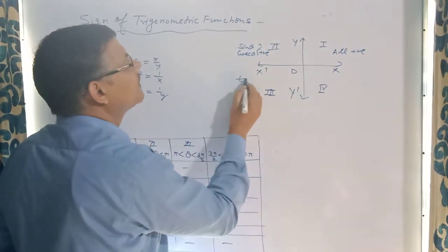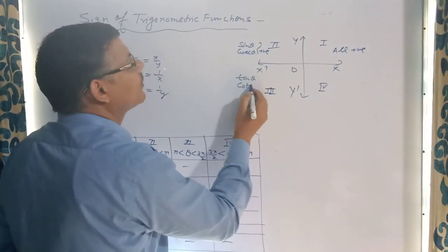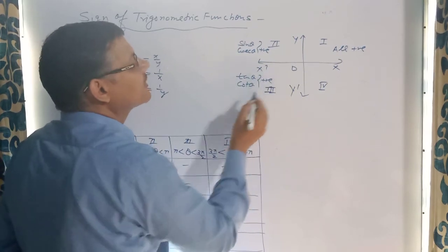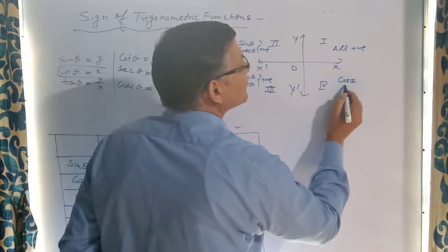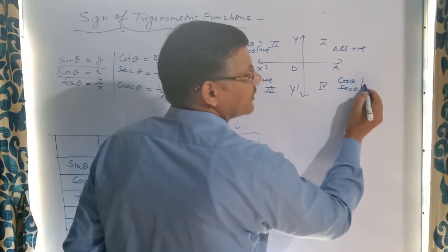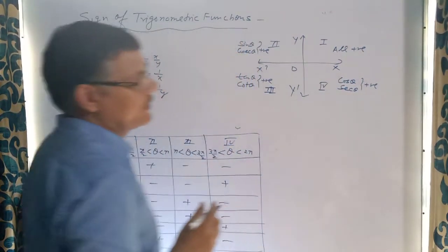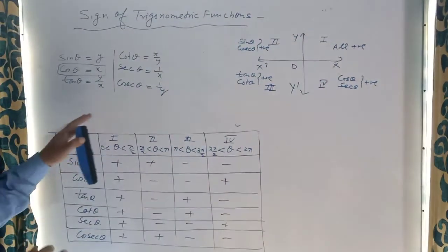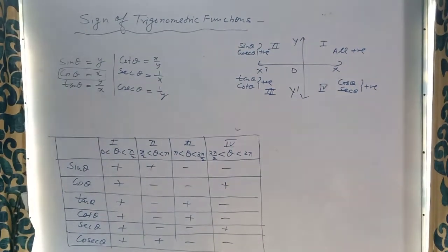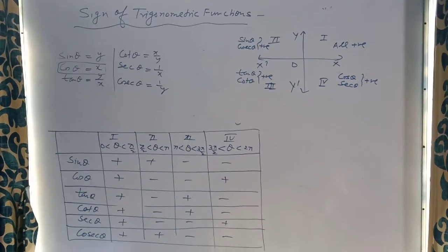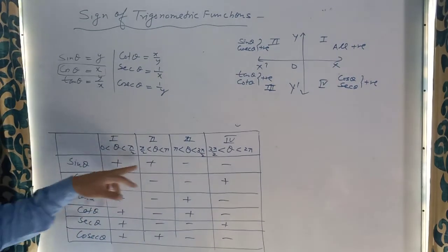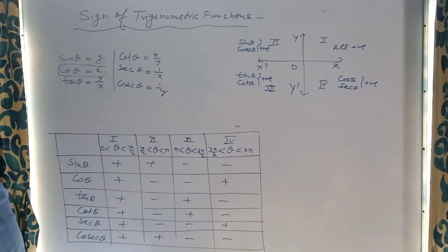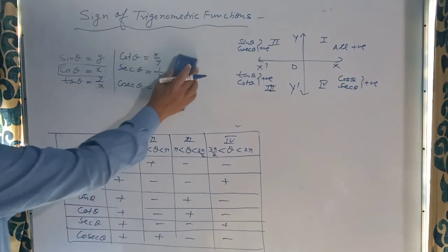In the third, tan theta and cot theta are positive and the remaining four ratios are negative. In the fourth quadrant, cos theta and sec theta are positive and the rest are negative. This is about the signs of trigonometric functions. It means out of 4 quadrants, each ratio is positive in 2 and negative in 2. Accordingly, we have to deal.